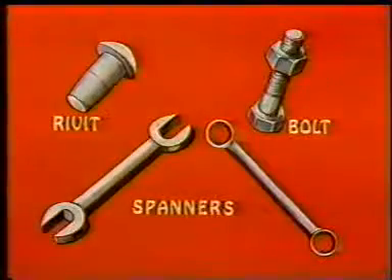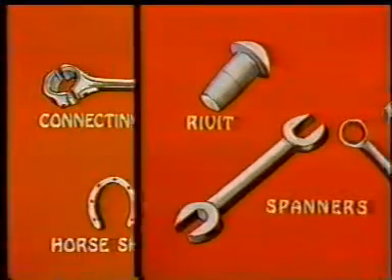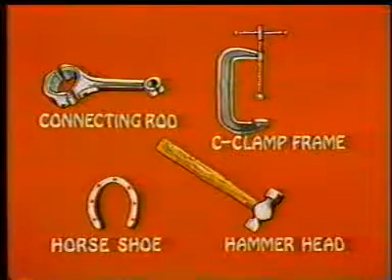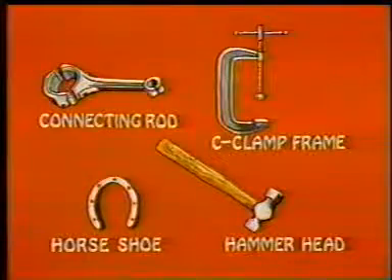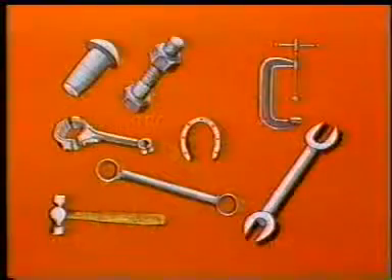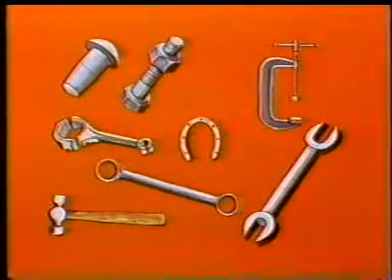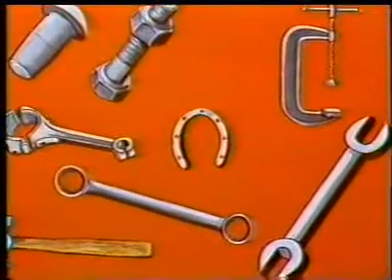By this process, a variety of items of utility are prepared. These items range from rivet, bolt, spanners to connecting rod, C-clamp frame, horseshoe, hammerhead, etc. The main advantage of forged items over cast items is their higher strength and durability.